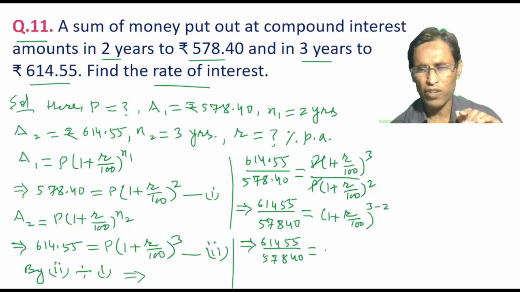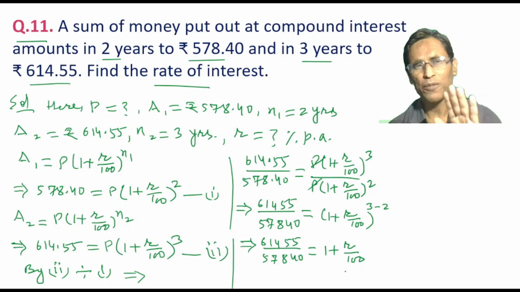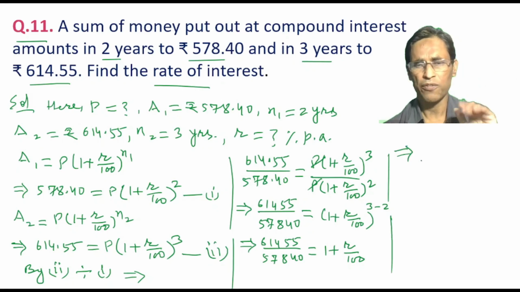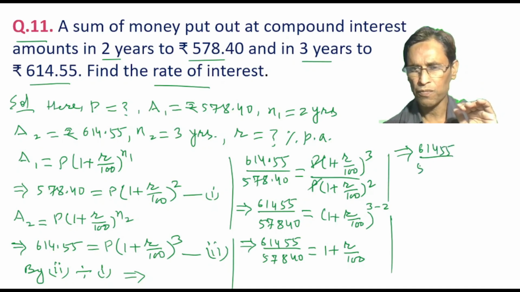So we have only 1 plus R by 100. Now we have to solve this equation for R, and for this we take 1 from RHS to LHS. Therefore 61,455 by 57,840 minus 1 will be equal to R by 100.